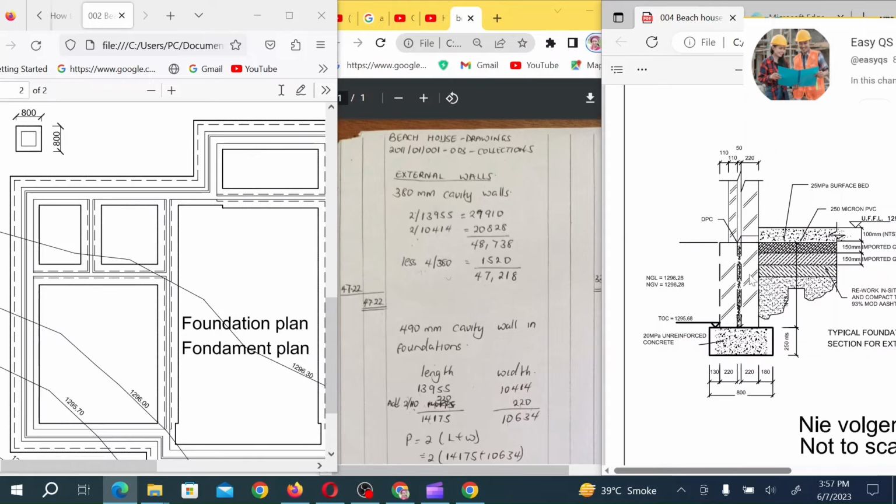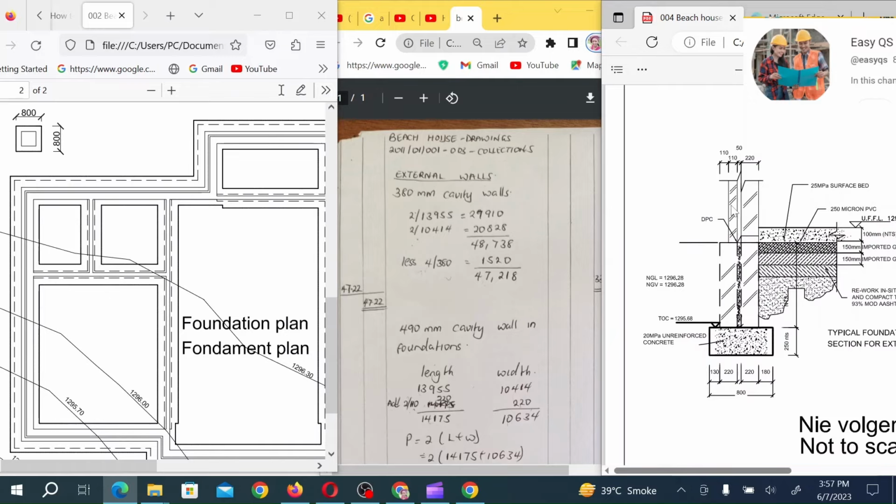We have another wall. This wall is also a cavity wall. The cavity wall below the ground, we have this one, which is 220 millimeters thick. We have a cavity which is 50 millimeters thick, just like the one which is above the ground, and we have 220 millimeters thick. So the wall below the ground is 490 millimeters thick, but the one above the ground is 220 plus 50 plus 110.